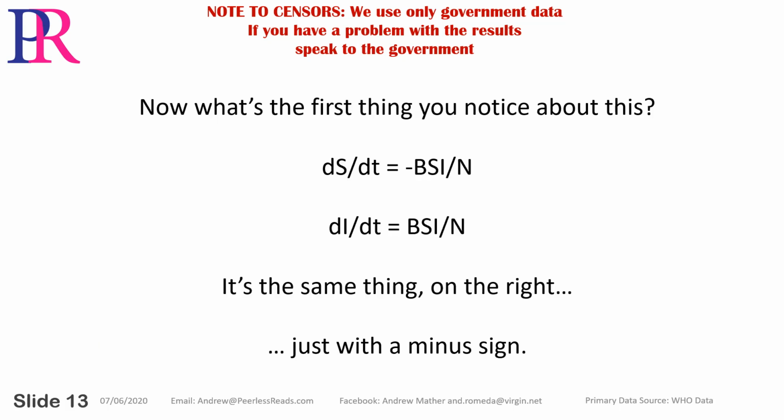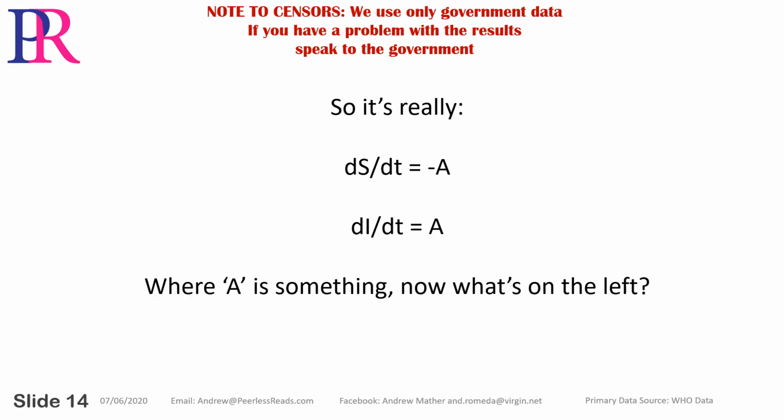Now what's the first thing you notice about this? dS by dt equals minus BSI over N, dI by dt equals plus BSI over N. It's the same thing on the right, just with a minus sign. So it's really dS by dt equals minus A and dI by dt equals A, where A is something.